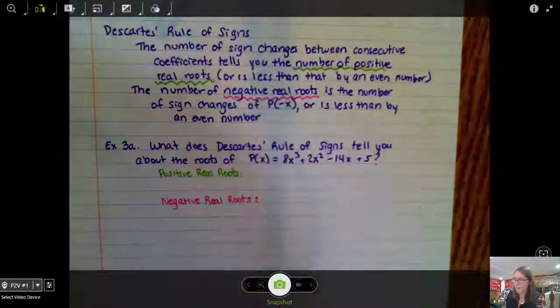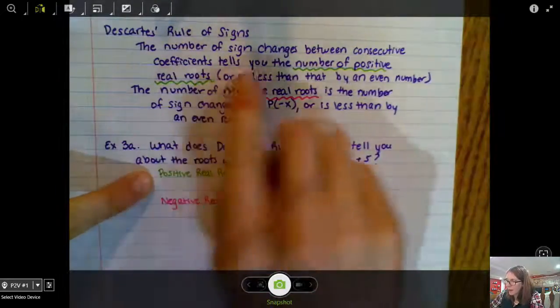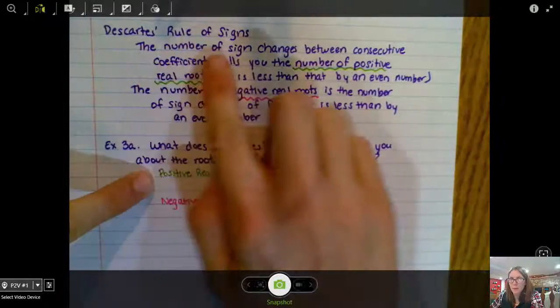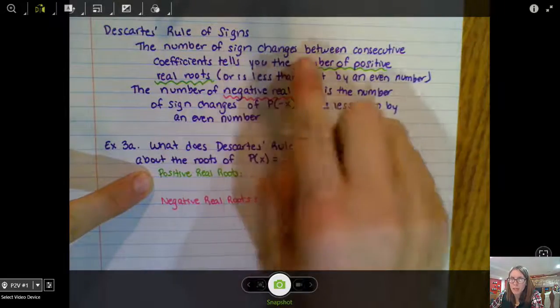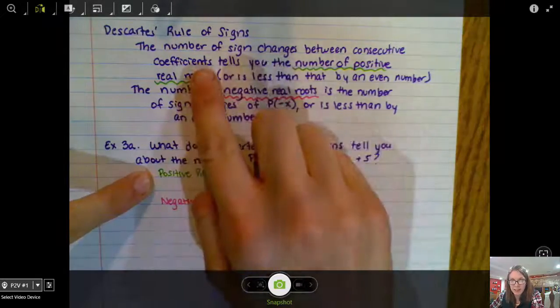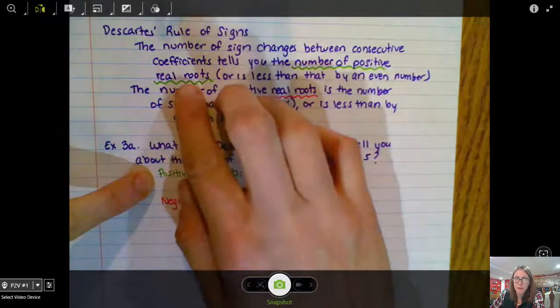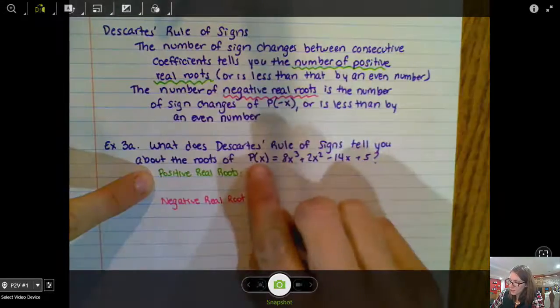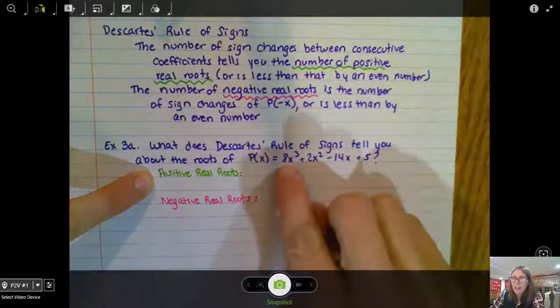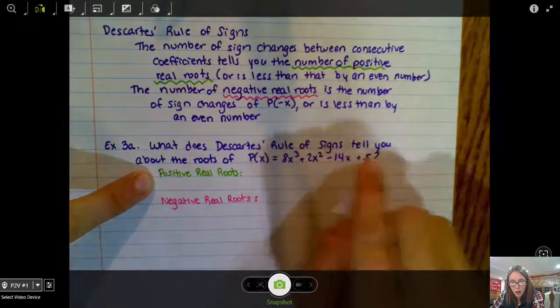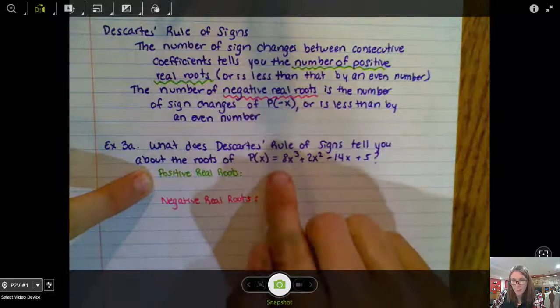We'll look at our positive real roots first. So back at our theorem, it says the number of sign changes between consecutive coefficients tells you the number of positive real roots. In my equation, I can see all of my coefficients, and don't forget that a coefficient is the number in front of a variable.